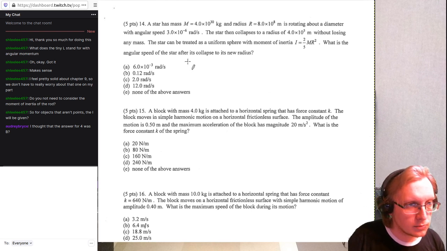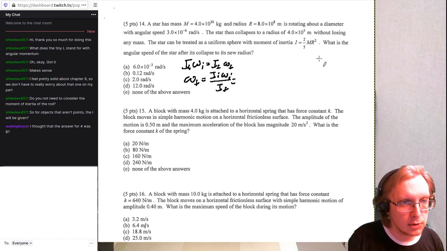So, I initial omega initial is equal to I final omega final. We need the omega final. Omega final is equal to I initial omega initial over I final.